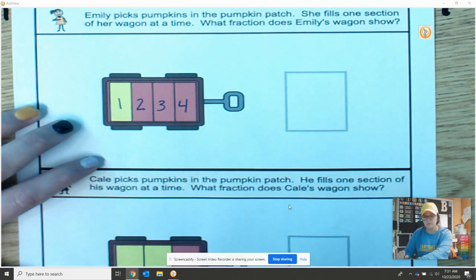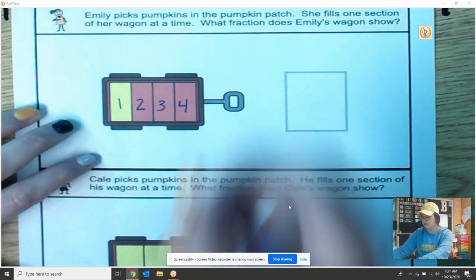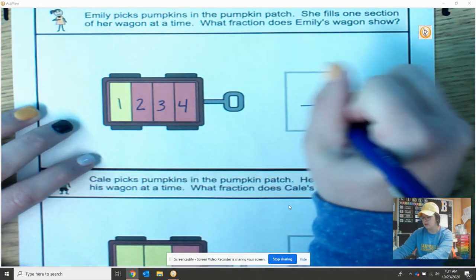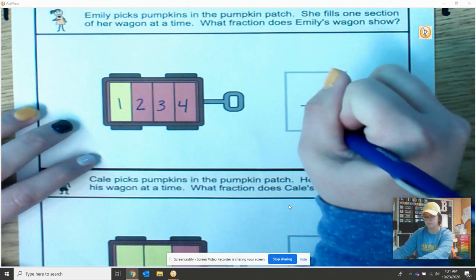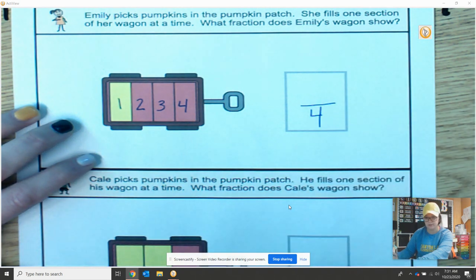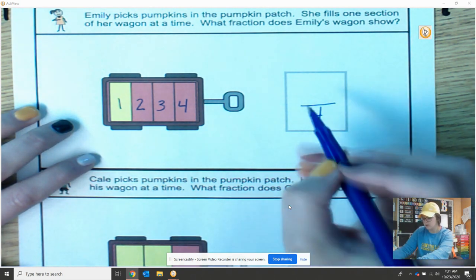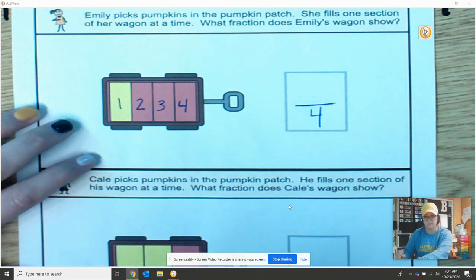So if I have 4 pieces or 4 parts, that's going to be the number on the bottom of my fraction. So I'm going to draw a line. I'm going to draw a 4 underneath the line.